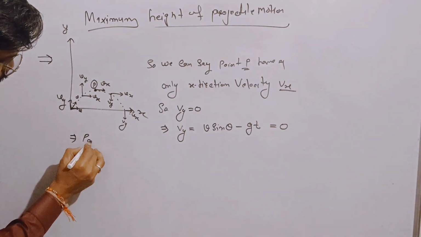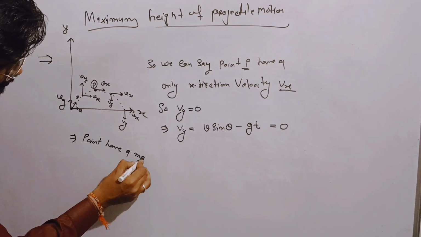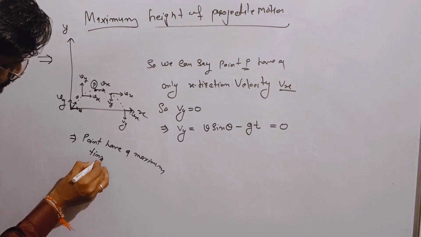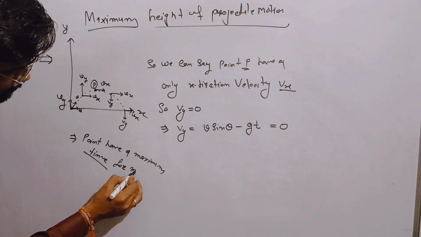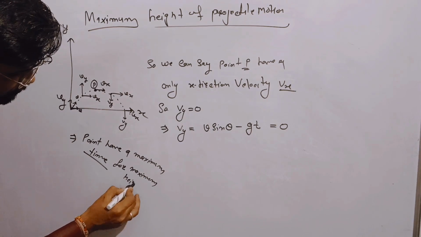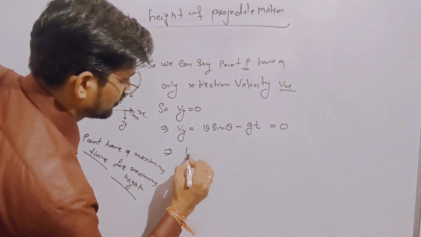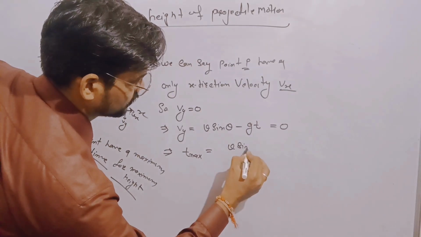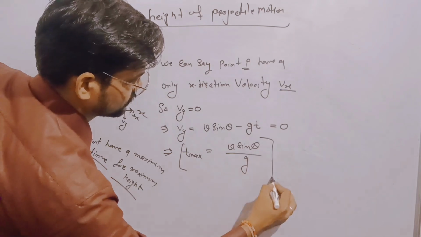So at the P point, यानी P पॉइंट पे मैक्सिमम टाइम होता है for maximum height के लिए, क्योंकि यहाँ पे मैक्सिमम हाइट गेन करता है at the P point. सो T maximum is equal to v sin theta upon g.